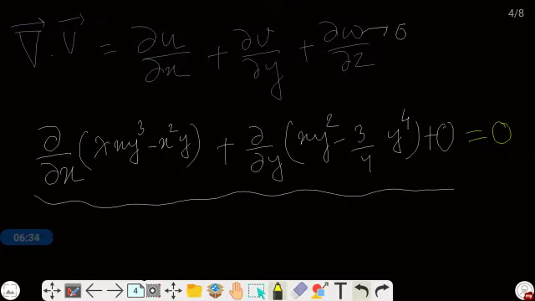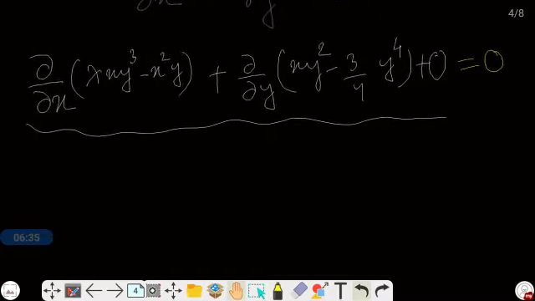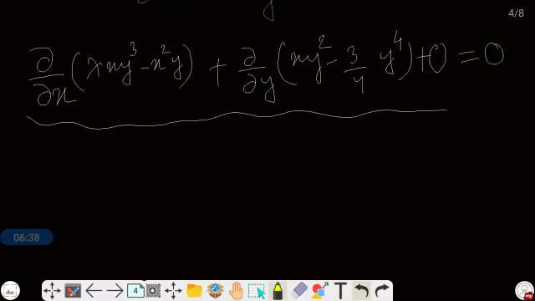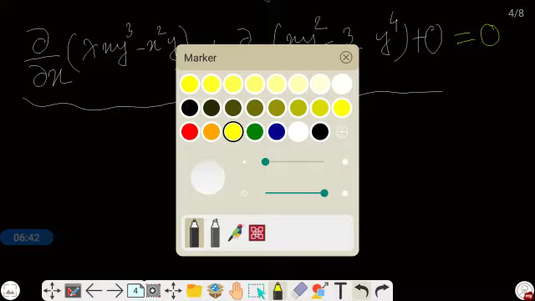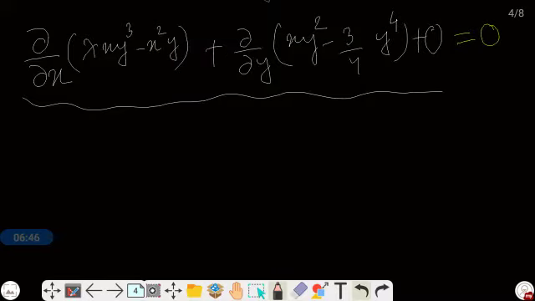Now let us solve this. First, let us partially differentiate u with respect to x, treating λ and y as constant.